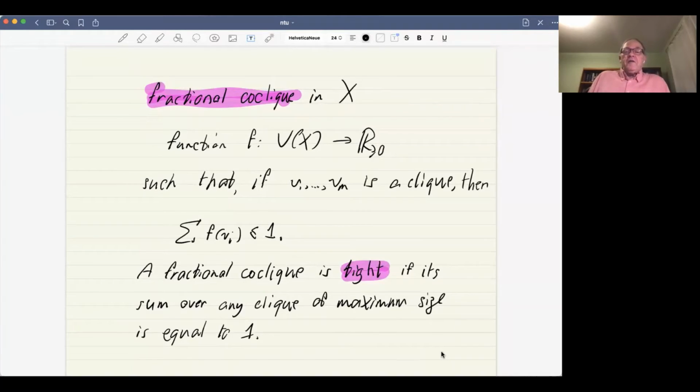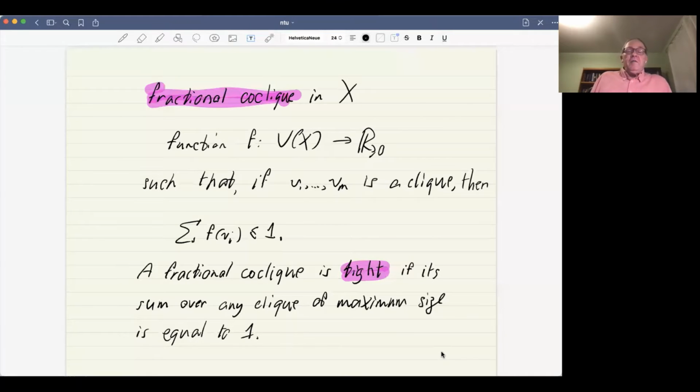So the thing I need to work with is not too unusual. I'm going to call it a fractional co-clique in a graph. A fractional co-clique on a graph is a map from the vertices to the non-negative reals, with the property that the sum over the vertices of any clique is at most 1. Straightforward enough. And a fractional co-clique is tight if its sum over any clique of maximum size is equal to 1.